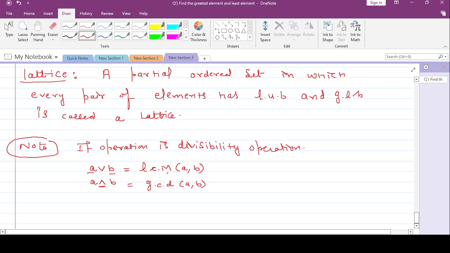But when do we find LCM and when do we find GCD? When the operation given is the operation of divisibility. Otherwise we do not use these operations.